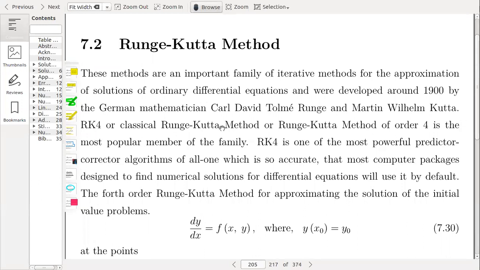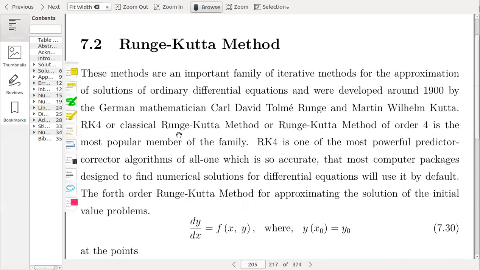In English we can say Runge and Kutta, but in German it is pronounced differently.